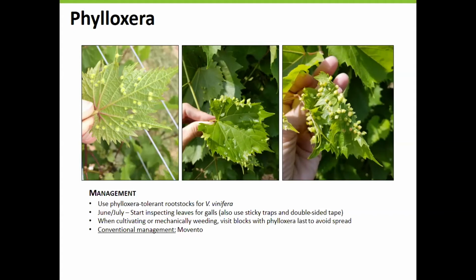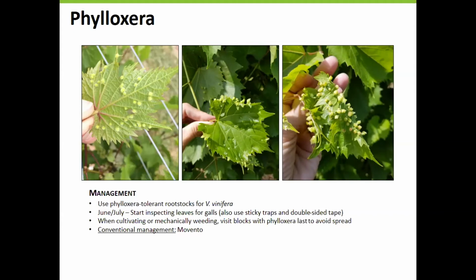I do have a small trial that I want to talk about once I finish this slide. Conventional management, there are a couple products that are registered. Movento, as far as I'm concerned, is probably your better product. I do want to say it will not eliminate this pest, but a couple applications over successive years will knock your populations down.